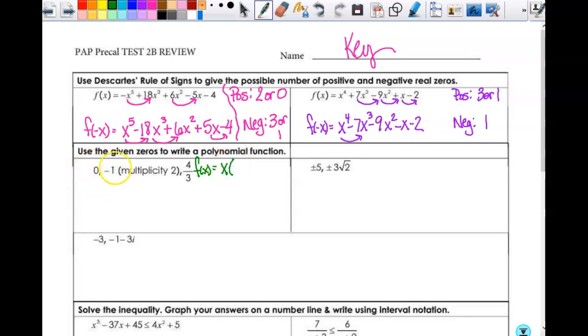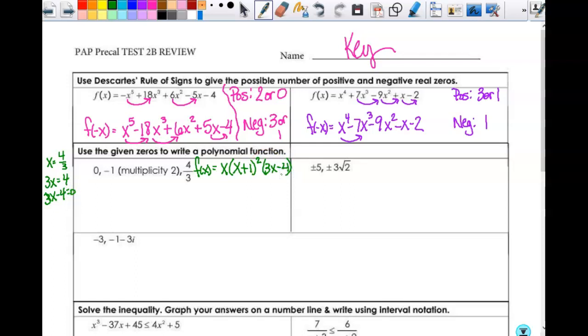And then this is going to give me x plus 1, but it's squared, because it's multiplicity of 2, times, and then remember that this is like x equals 4/3, so that would give me 3x equals 4, so 3x minus 4 equals 0. That's what this is, 3x minus 4. I don't just plop in that 4/3 there.